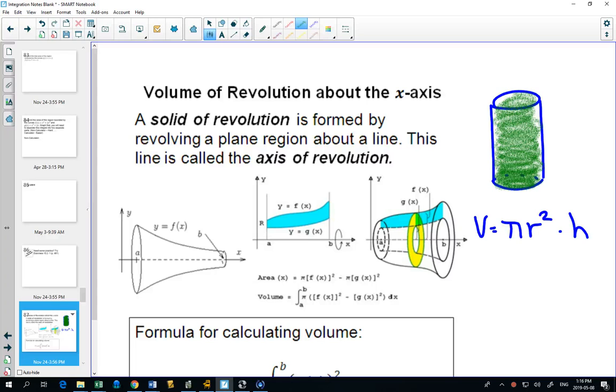Now we're going to take that idea of adding up circles, apply it to calculus, and apply it to integration. So integration finds an area under a curve. And if we broke it down, it was a bunch of tiny little rectangles.